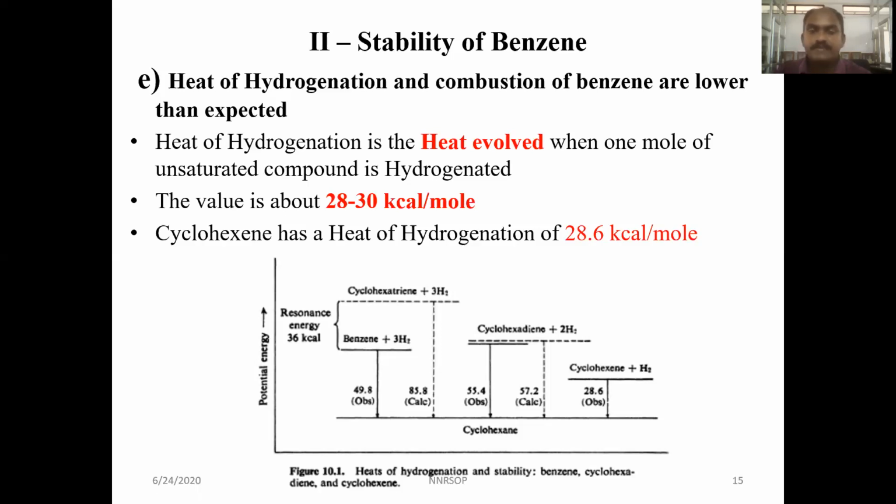The molecule which has less potential energy is said to be more stable, and the molecule which has high energy we call unstable. This 36 kilocalories is called resonance energy. Benzene is more stable because it has less energy.